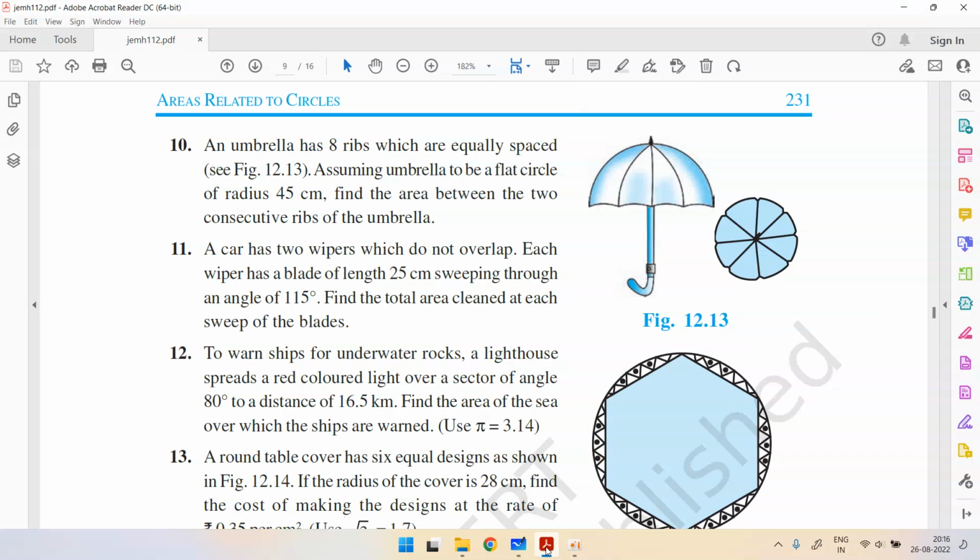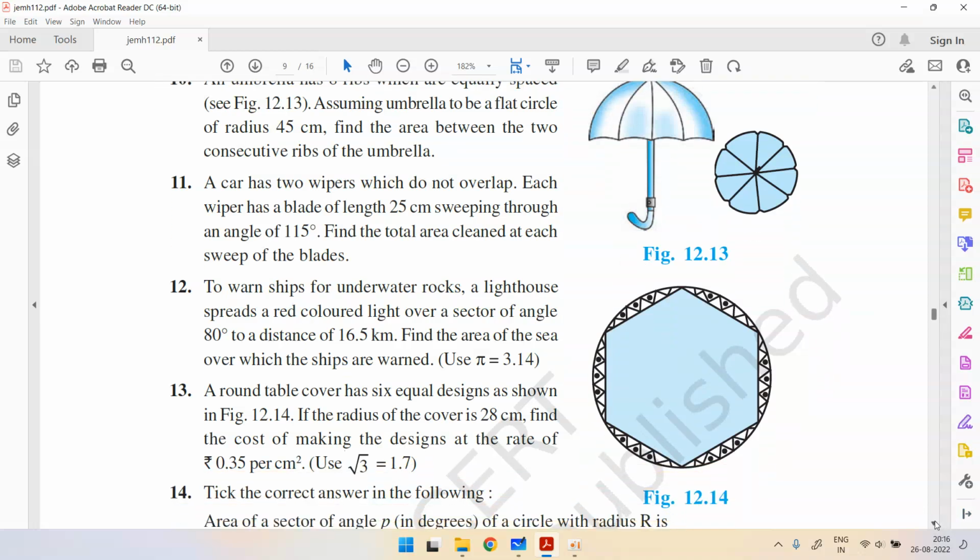Next is to warn ships for underwater rocks. A lighthouse spreads red colored light over a sector of angle 80 degree to a distance of 16.5 kilometers. Find the area of the sea over which the ships are warned.